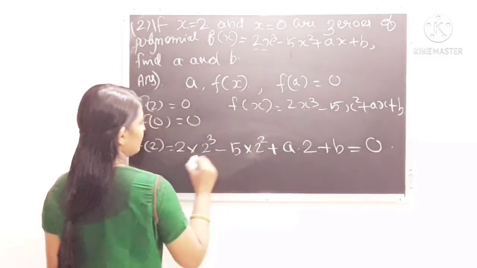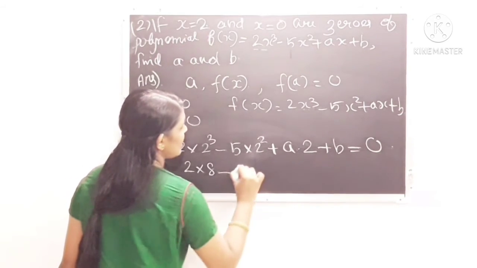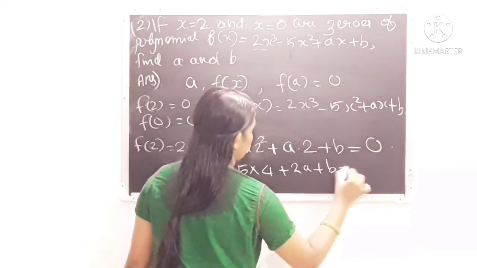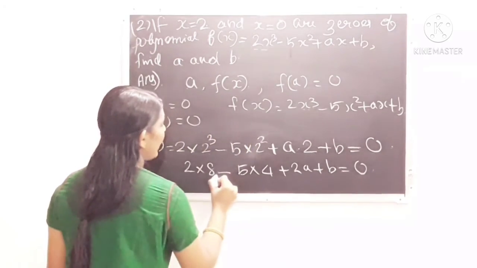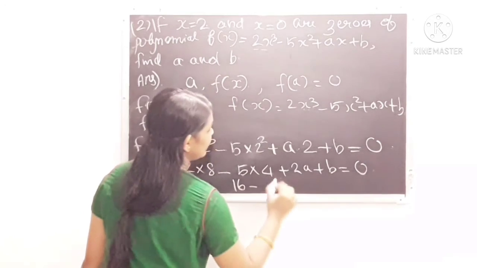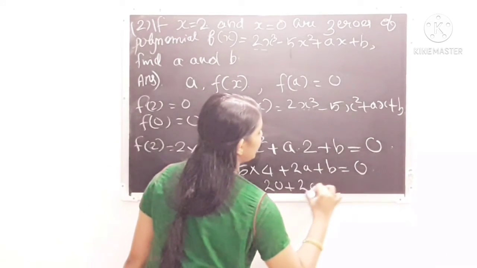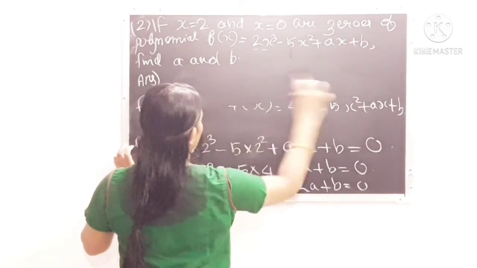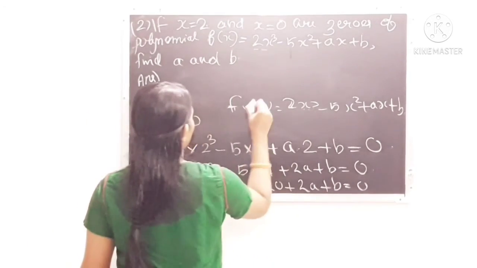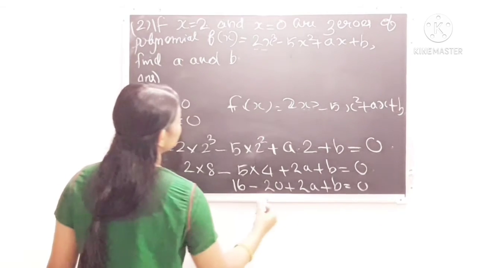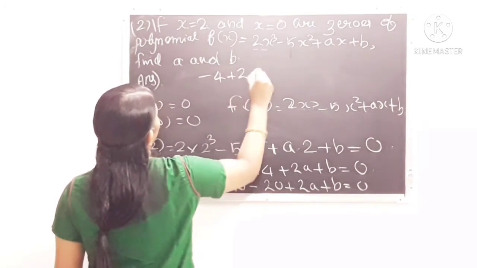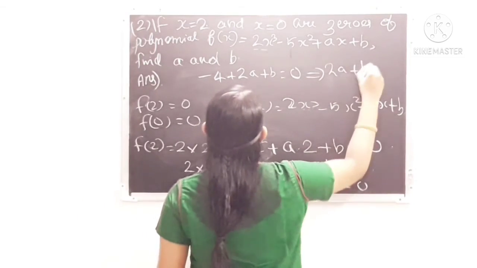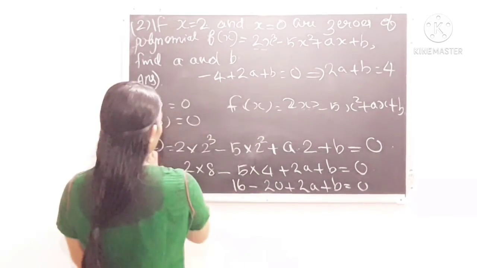So 2 into 2 cube, 2 into 8 minus 5 into 4 plus 2a plus b is equal to 0. Okay. So 2 into 8 is equal to 16. So 16 minus 20 plus 2a plus b is equal to 0. Now this is equal to minus 4 plus 2a plus b is equal to 0. Which implies 2a plus b is equal to 4. Okay.